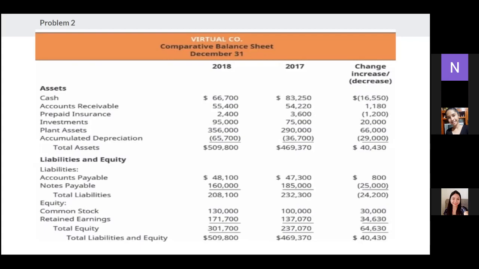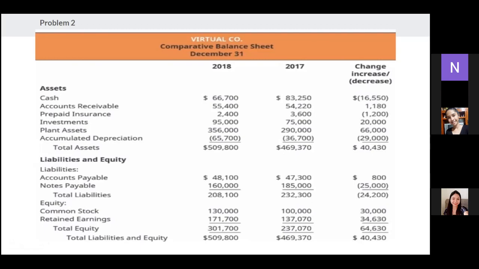So, the change under the cash is a decrease of 6,550 because we have cash in the year 2018 amounted to 66,700, while in the year 2017 we have 83,250.